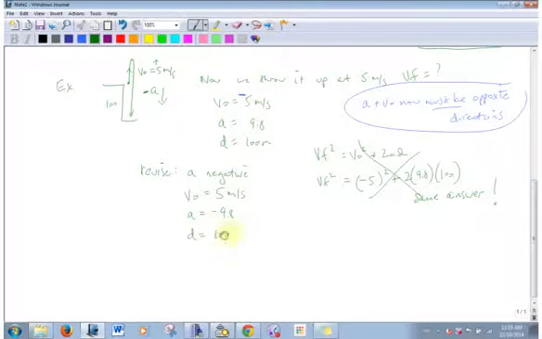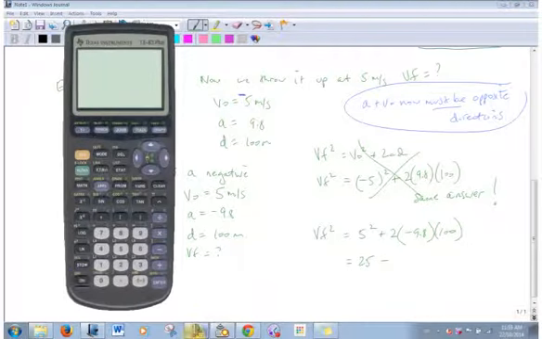Okay, so D is still 100, trying to find VF. So now VF squared is, if I take that as positive, plus 2AD. Okay, what happens if I do that? 25, and is this number going to be positive or negative? Positive times a negative is a negative, times a positive is a negative.